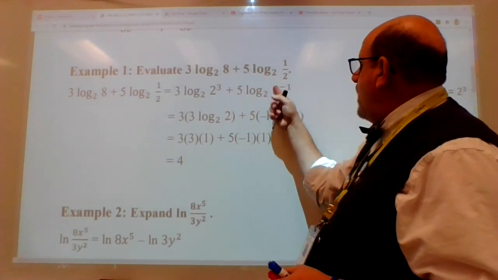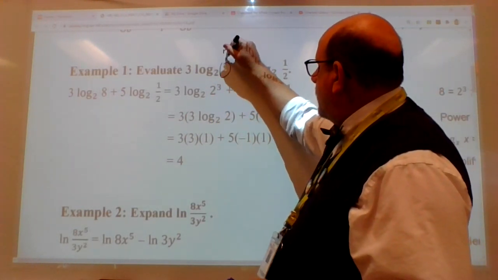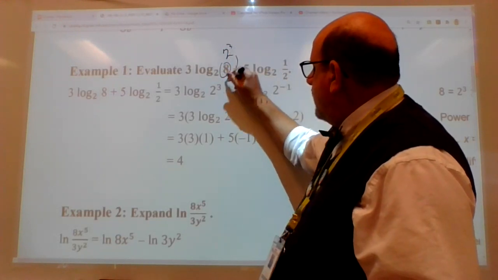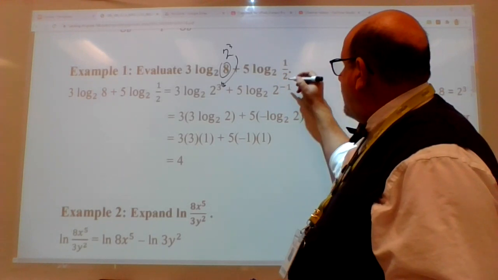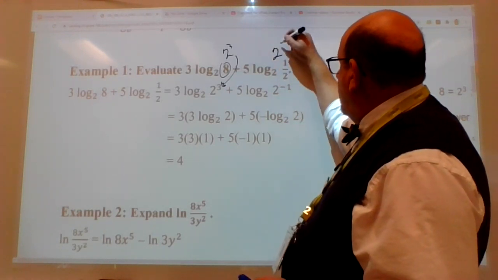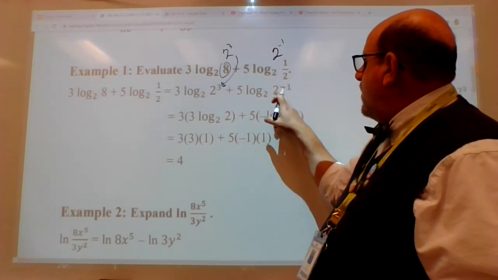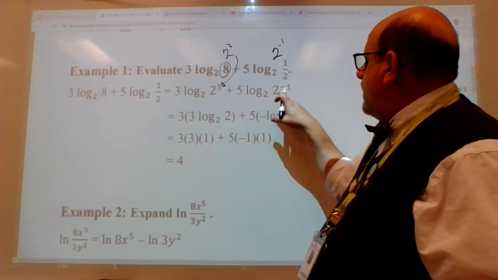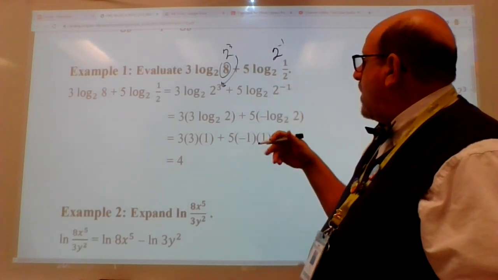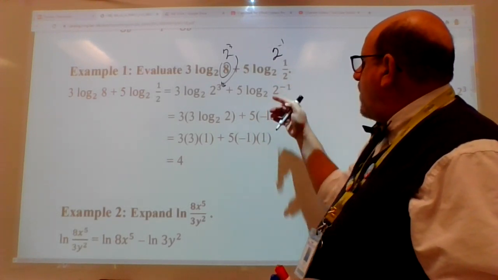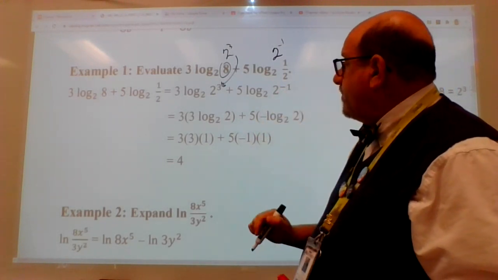And then we know that 8 is 2 to the 3rd, and that's what they wrote down here, right? And we know that 1/2 is 2 to the -1, right? Anything to the -1 power becomes a fraction with this as its denominator. And if it was -2, it would be 1/4. Anyway, that's the way it's written, so we rewrite it that way.